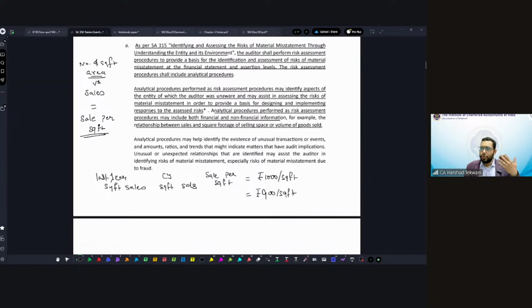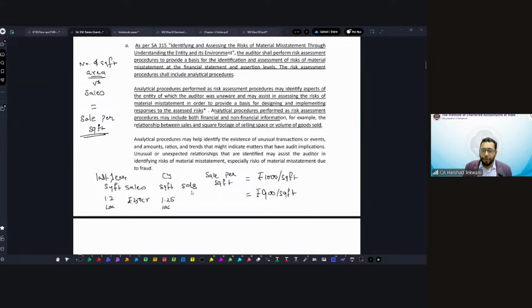Let's say last year the total square feet was, a hypothetical number I'm giving you, 1.2 lakh square feet, and the sales against that were 250 crores. In the current year, the square feet has marginally increased, for example to 1.25 lakh, which means only 5,000 square feet was added to their overall area.